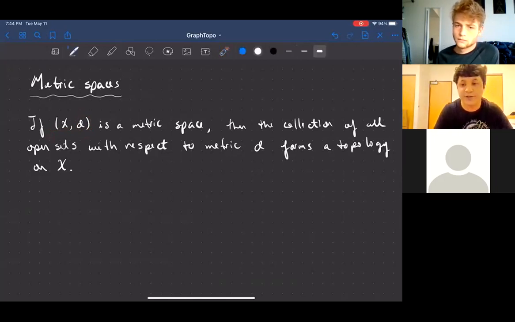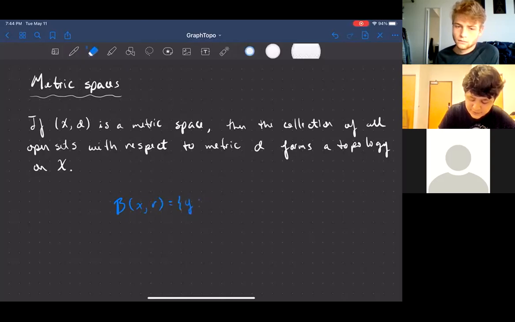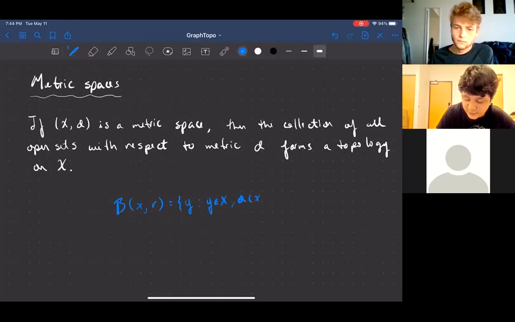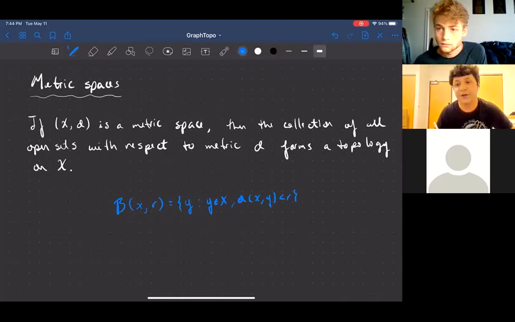This comes out when we consider open balls. A ball, B, centered at the point X with radius R is the set of all points Y, such that the point Y is in the set X, and the distance between the point X and the Y is less than the radius R. So basically, this is an open ball.